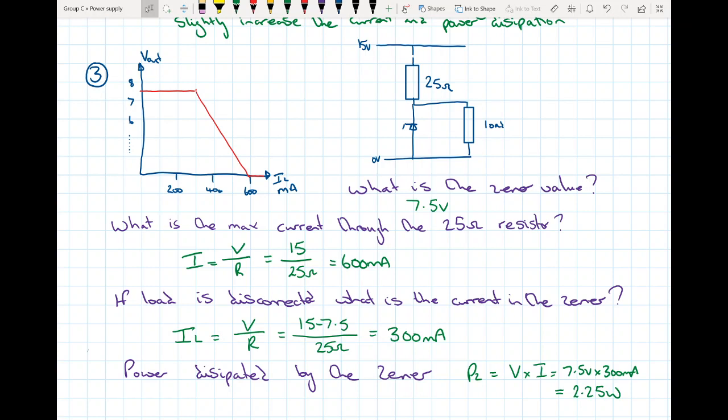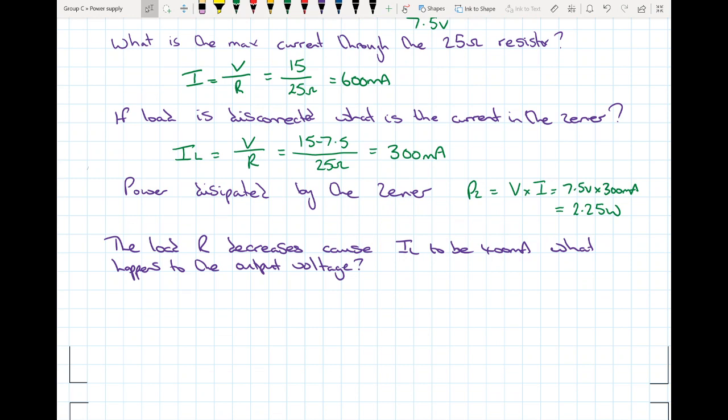Okay, one last question associated with this one. The load resistance decreases, which causes the current in the load to be 400 milliamps. What happens to the output voltage? Well, we can see what happens on the graph. We can see that the Zener diode is starting to switch off, but we can quite simply calculate it, can't we?